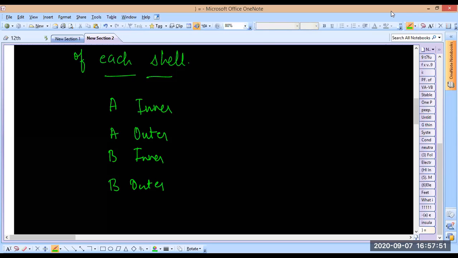Yes, Devanshi, well done. No, Sakshi, think about it carefully. Both are conductors. A inner is what? Wrong. Okay, Devanshi, correct.